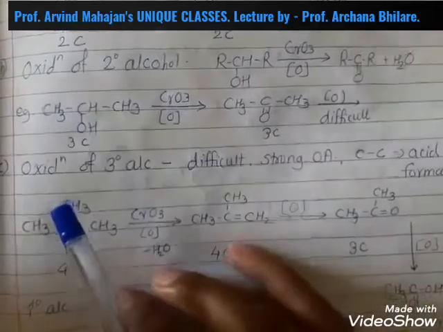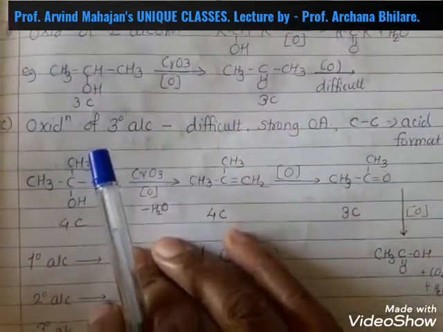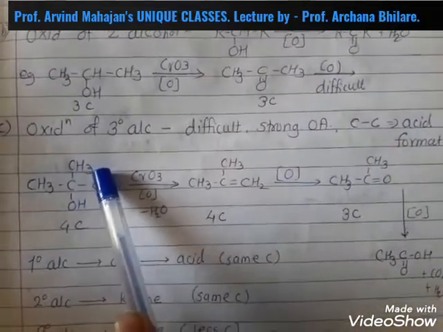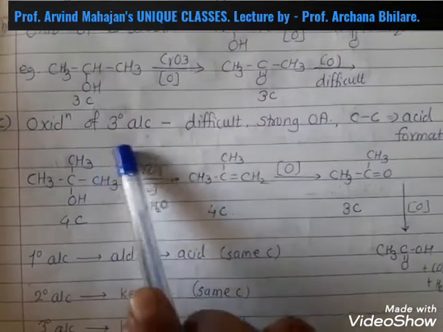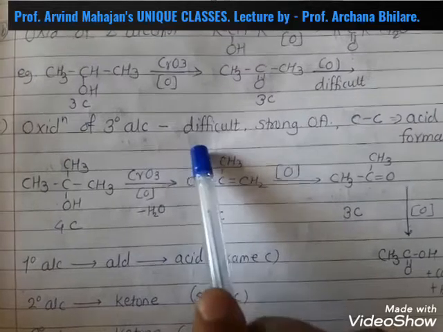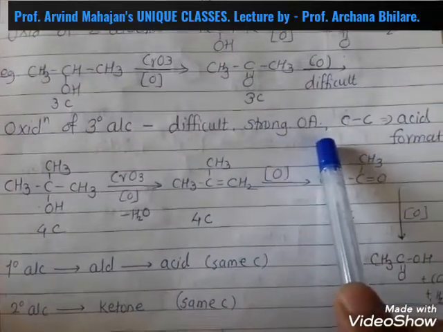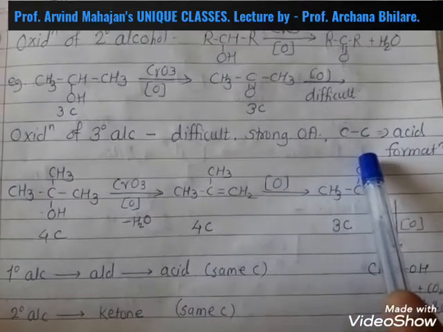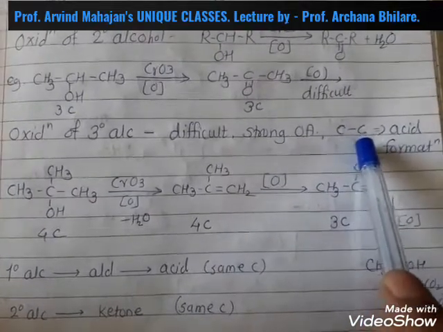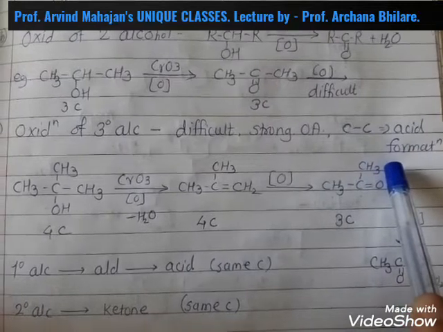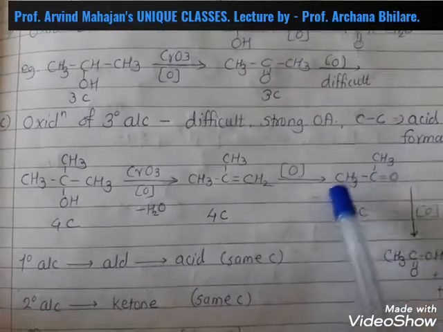Okay, next. Now tertiary alcohol. We have discussed the priority order. It is difficult to oxidize tertiary alcohol. Tertiary alcohol is difficult to oxidize, requires a strong oxidizing agent. Now the carbon-carbon bond breaks.